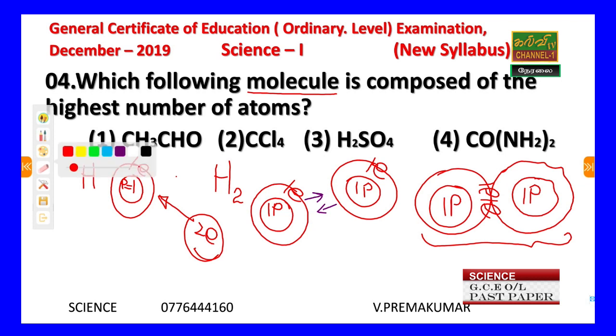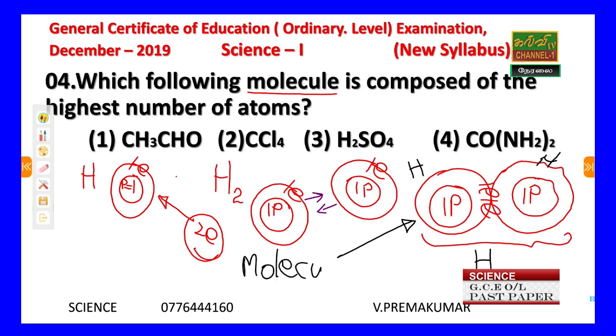This is a hydrogen atom, and another hydrogen atom, so we can write H2 gas. Now we say this is a molecule. So now you can understand: this is an atom, this is a molecule. Atoms and molecules. Now I think you have understood.